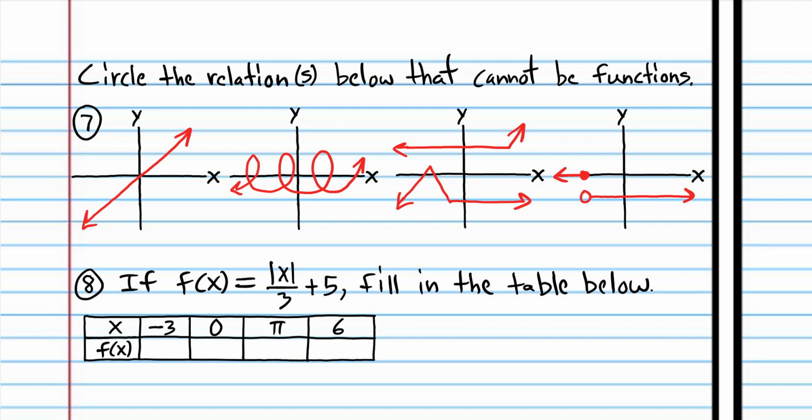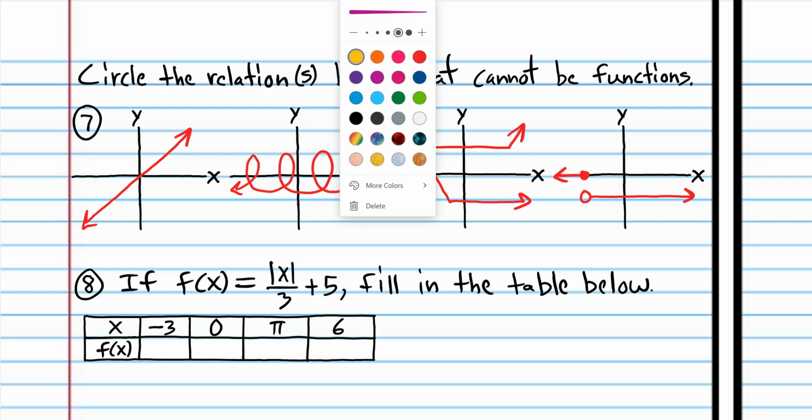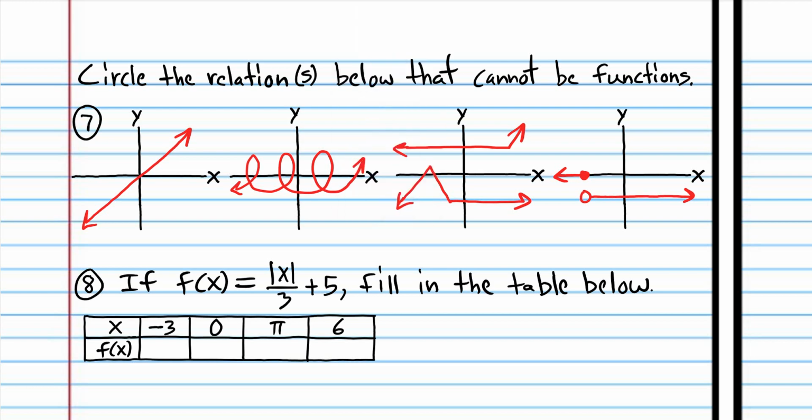So we need to use the vertical line test. What we do is we draw vertical lines, and if these vertical lines only touch the graph once, then that means the graph can be a function. But if any of these lines touch the red graph more than once, that means the graph cannot represent a function.